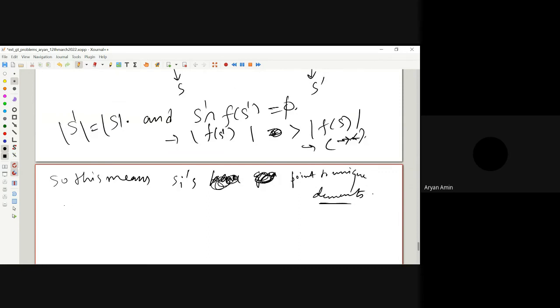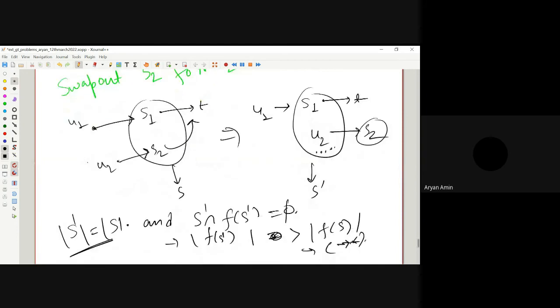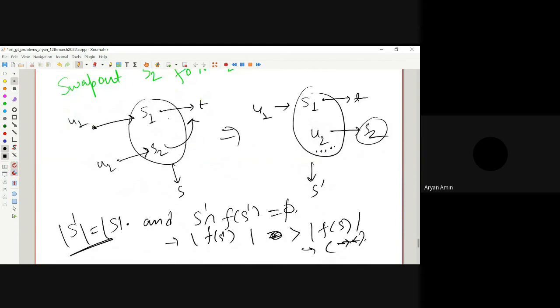Okay, I'll just proceed as I'm sort of short on time anyway. Can you explain the last line again? Okay, so what did we assume? We assumed, if possible, that S1 and S2 both point to T, where U1 and U2 are pointing to S1 and S2 respectively. What we did was we built a new set S dash where we swapped out S2 for U2. The new set S dash still fulfills the condition of intersection with image equal to phi.